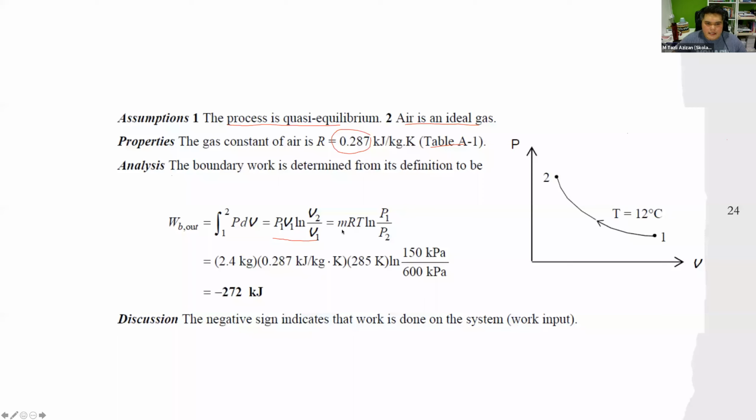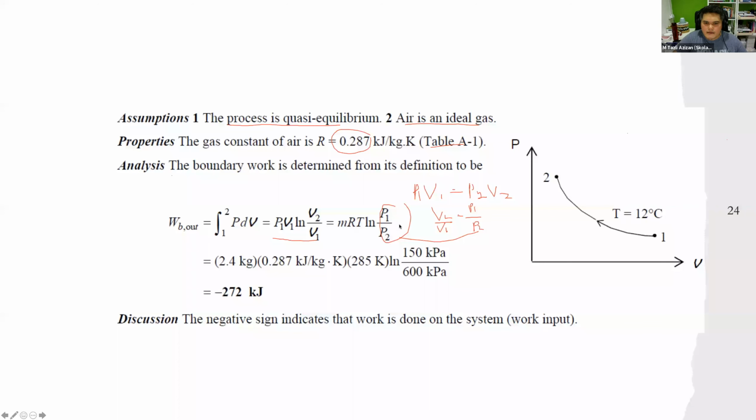We are not told what V1 and V2 are, but because we know that P1 V1 equals P2 V2, we can simply replace V2 over V1 with P1 over P2.